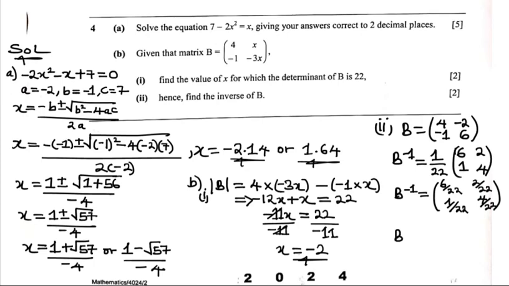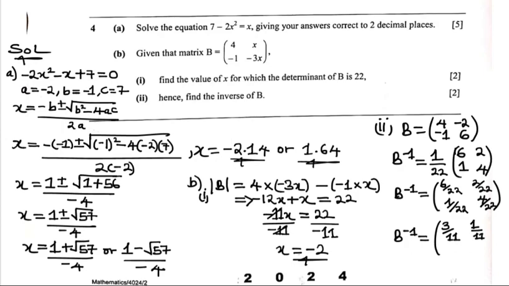For 6 over 22, we can look for a number that can go into 6 and 22, that is 2. 2 into 6 is 3, then 2 into 22 is 11. So 3 over 11. Then 2 over 22, 2 can go into 2 and 22, so that is 1 over 11.